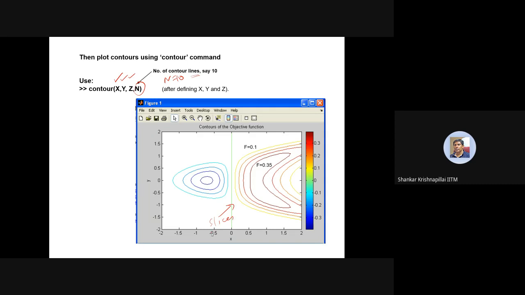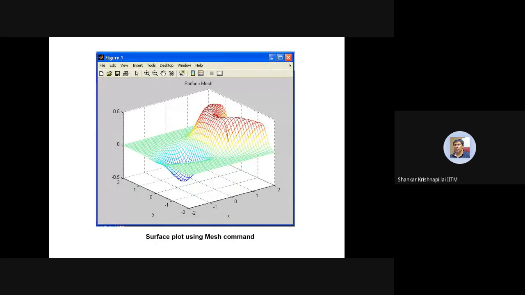Here you can see that the yellow and red are altitudes above the xy plane, and the green and blue are altitudes below the xy plane. You can see that 0 is this xy plane.